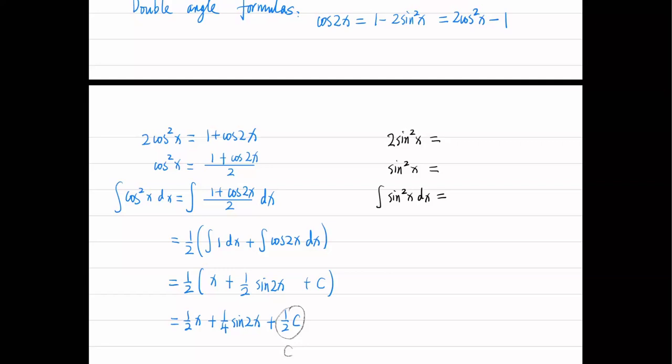Okay, where do we start again? What's the first one? 2 sine squared equals to... So we divide by 2, we get... okay.